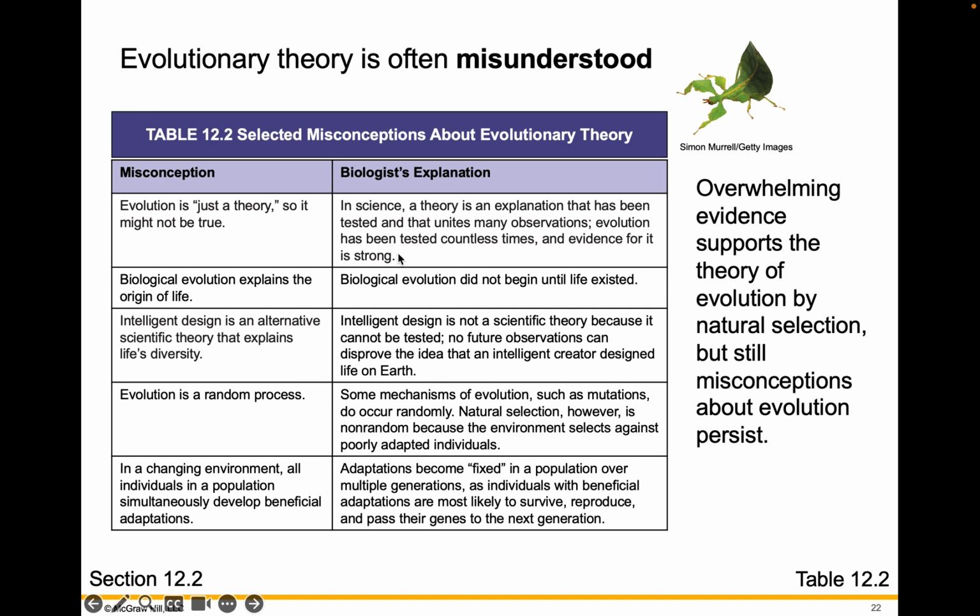Evolution has been tested countless times, and evidence for it is strong. Gravity is also a theory, right? No one doubts gravity, and no scientists doubt evolution. All right, biological evolution explains the origin of life. This actually isn't true. Evolution doesn't begin until after life already exists.